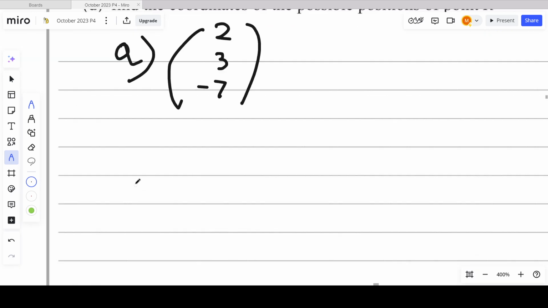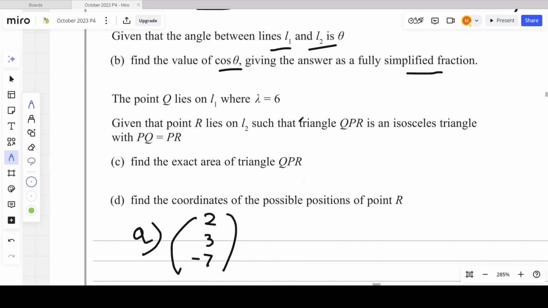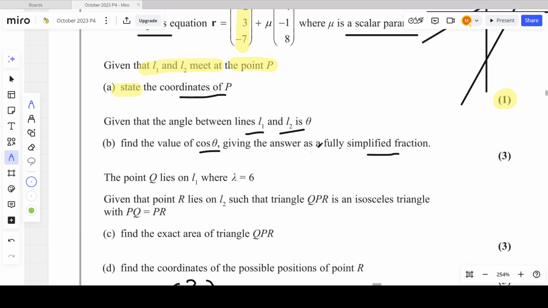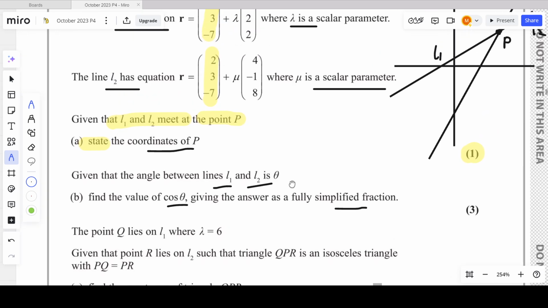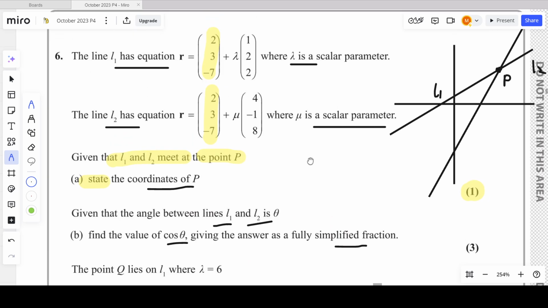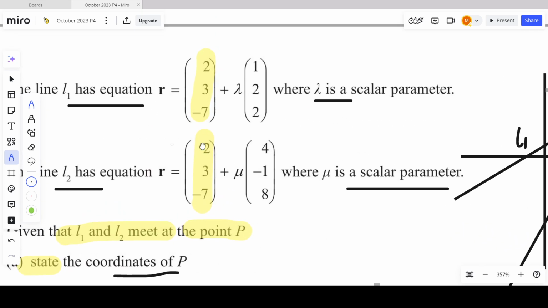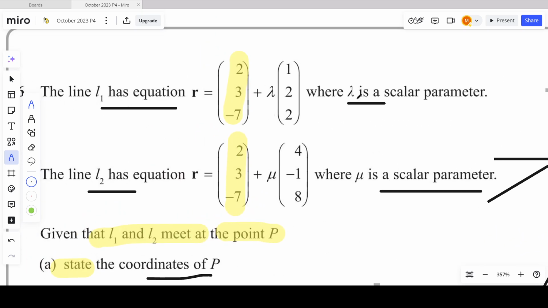According to the vector dot product, we know that cos theta can be written as a dot b over the modulus of vector a times the modulus of vector b. Since these are lines L1 and L2, the multiple of the parameter is basically the direction in which the lines are passing through.